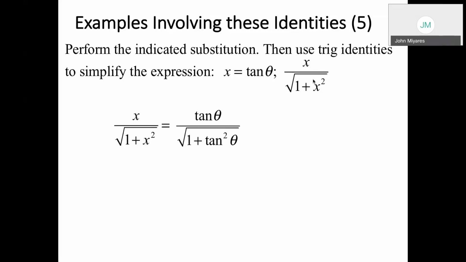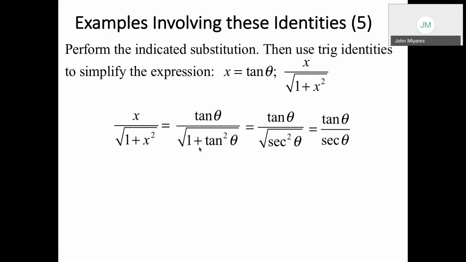If we look under the square root sign down here, what you will see is that this is going to follow that second Pythagorean identity. And so I can reduce what is under the radical sign to secant squared theta. The square root of secant squared is going to just be secant. So now I have the tangent of theta over the secant of theta.